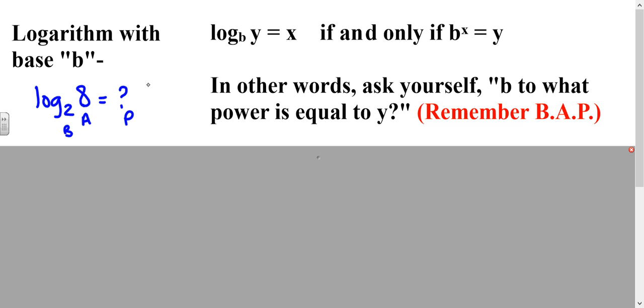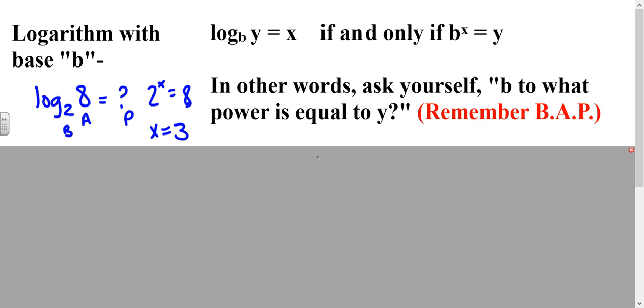So I'm saying 2 to what power equals 8 as the answer. You might have to run through that in your head first. 2 to the first power, 2 to the second power. Oh, 2 to the third power equals 8. So in this case, log base 2 of 8 would be equal to 3.